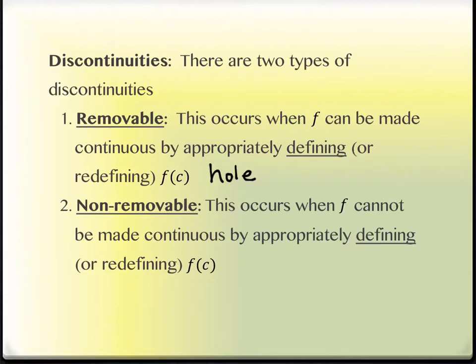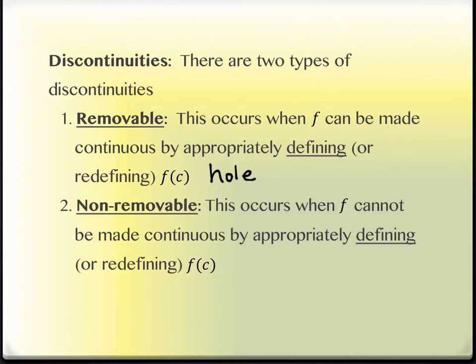Well, when we did it algebraically, it happened whenever we tried to plug the number in and we got 0 over 0. And then when we factored things out, it went away. Hence, it was removable. Okay? So we have the ability, algebraically speaking, to remove the problem that's causing the discontinuity.